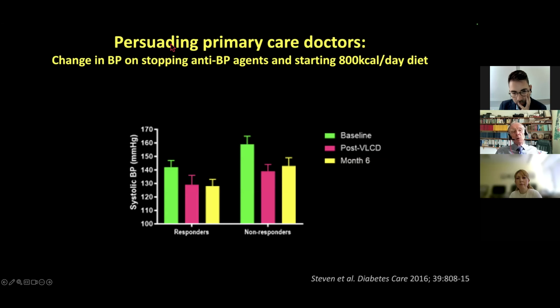Now, there was one step which was really quite important. The primary care doctors were entirely happy to stop the gliclazide, to stop the metformin, stop the other diabetes medications. They really were unhappy about stopping the antihypertensive medications. We discovered this in carrying out the counterbalance study. And so we gathered together the results from the counterbalance study, this is its publication, and showed the GPs what happened to blood pressure when we stop antihypertensive medication, but start the diet.